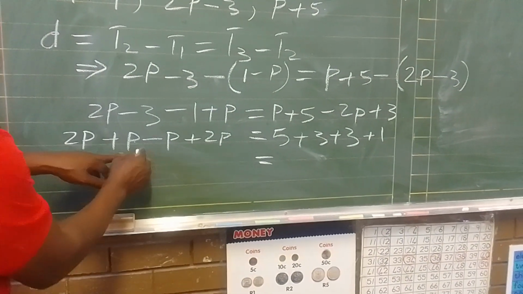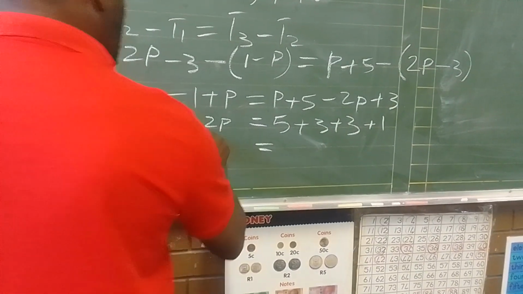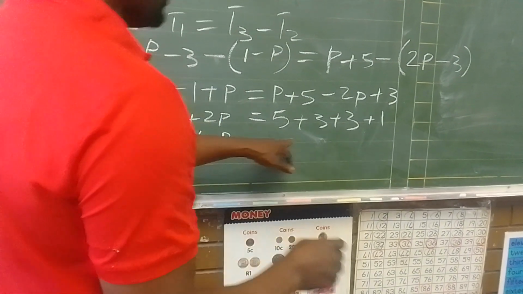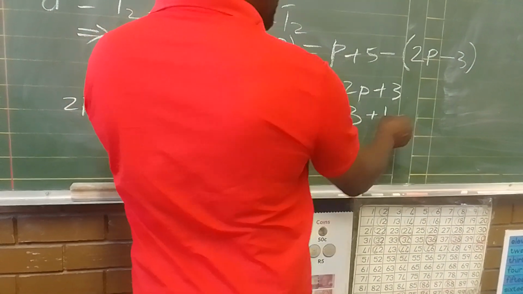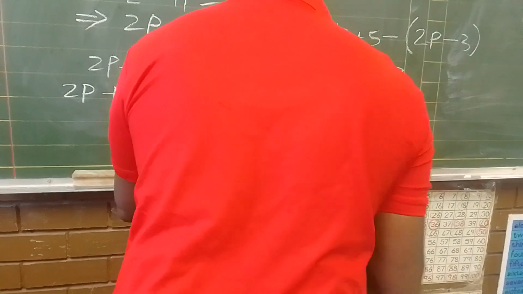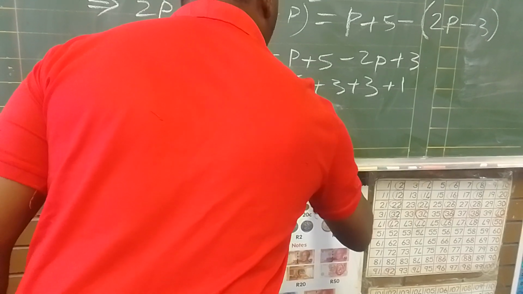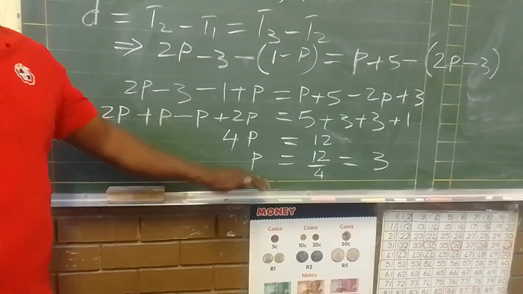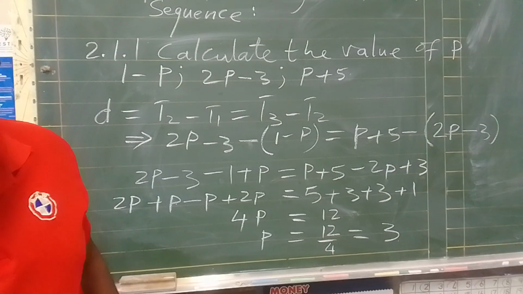Then P and P cancel one another. You have 2 plus 2, which is 4P, equal to 3 plus 3, which is 6, and 1 plus 5 is 6. 6 plus 6 is 12. Then P is 12 over 4, which is 3. Now you have calculated the value of P. How much was it worth? I will check later, I don't have it with me here.